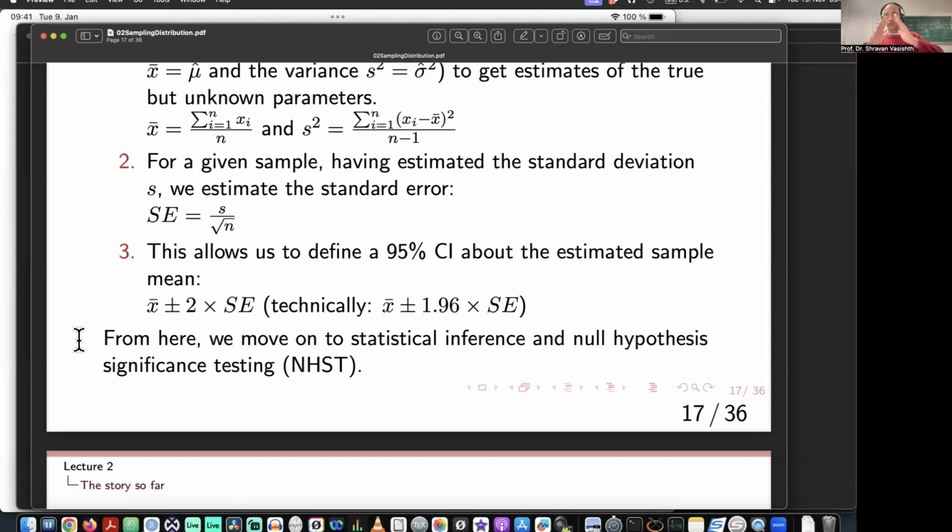And we also know what the standard deviation of the sampling distribution would be. That's the estimated standard error. Okay? So this is the estimation step. Now we're going to move on to null hypothesis significance testing. That's the next part of this lecture.